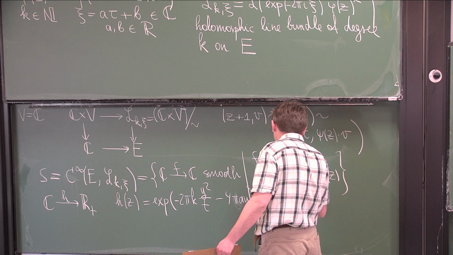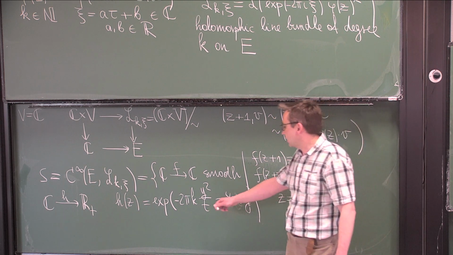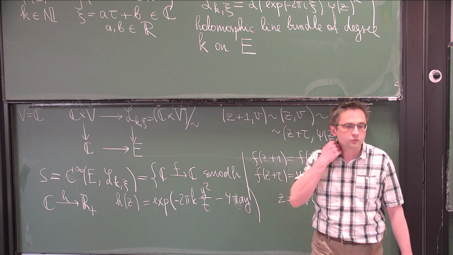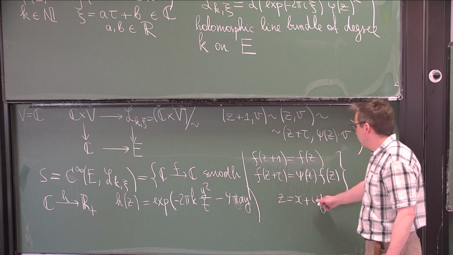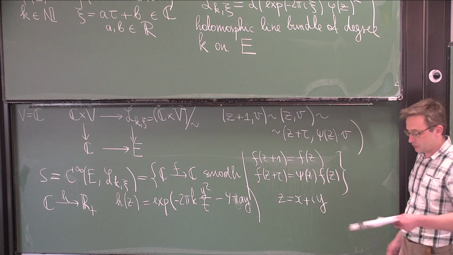So here I believe I explained what is t. T is the imaginary part of tau. So y is the imaginary part of z. So what is the meaning of this definition?